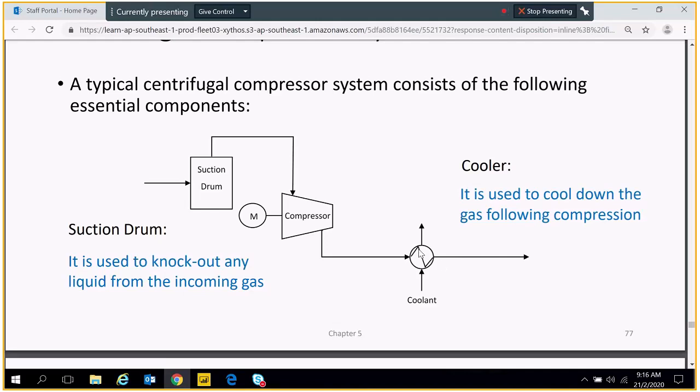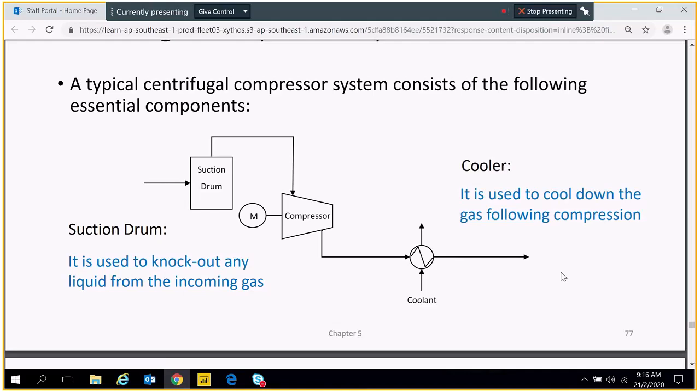Because if you allow the high temperature gas to pass through the pipe and the equipment, it will weaken the material. The strength of the material will become weaker. High temperature will weaken the material. It will decrease your yield point and your ultimate tensile strength. All this you must remember.